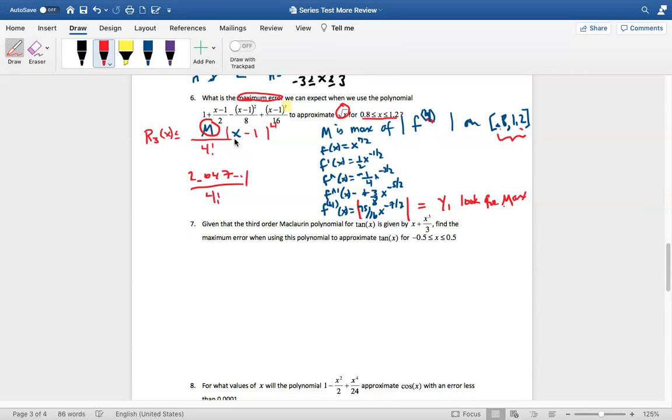Regardless of whether you put 0.8 or 1.2 in here, you're going to absolute value it, so it's going to be 0.2. You're going to do that on the calculator, and you're going to get your bound. And your error in using the third order polynomial to approximate will be 0.000135-ish.